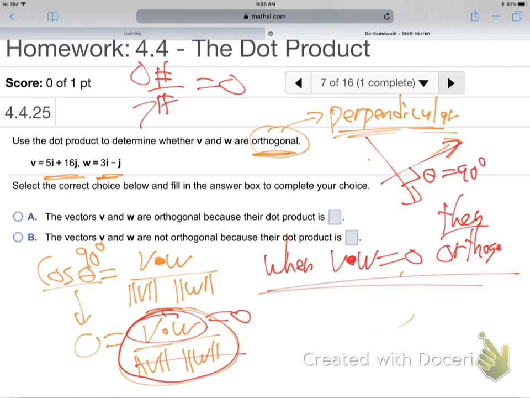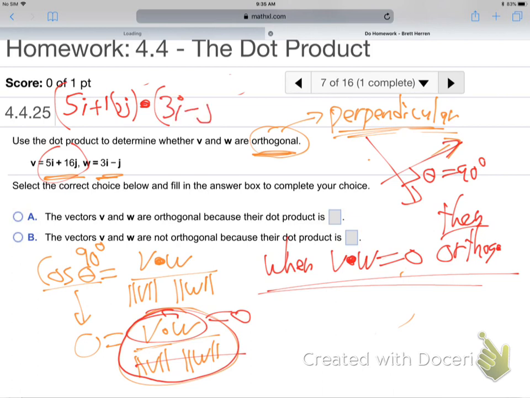All right, so let's test it out. Is the dot product 0 for these two? So here's vector v, which is 5i plus 16j, dotted with 3i minus j.